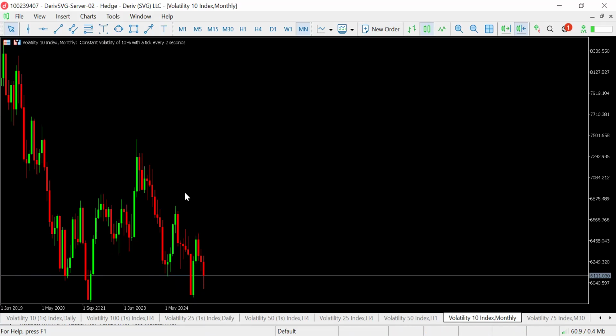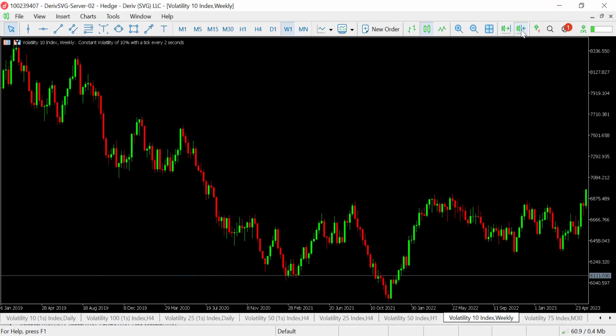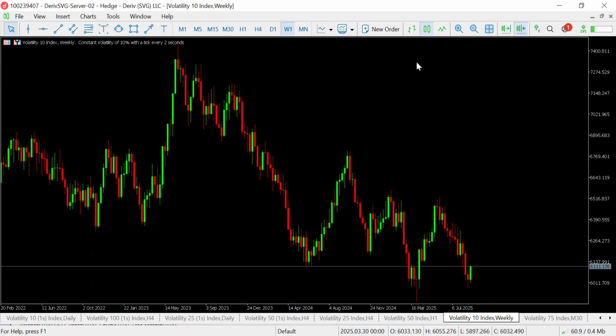To give credence to this thought, the next thing to do would be to go to the weekly time frame. So now on the weekly time frame, I can see that I have a double bottom here, which gives me confidence that my initial take from the rejection candle on the monthly time frame has something to it.